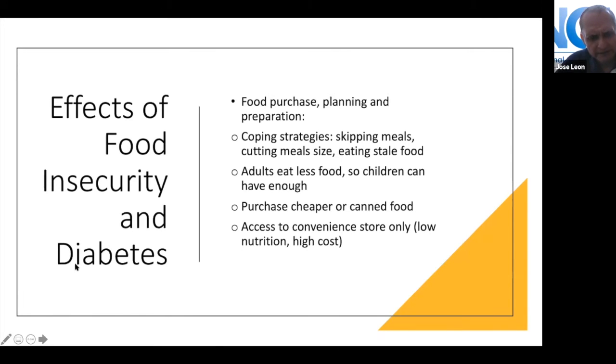So there are different effects of food insecurity and diabetes. One is food purchase, planning and preparation. When patients are food insecure, they skip meals, they cut meal sizes, and they eat stale food. In addition, adults eat less food so children can have enough. They purchase cheaper canned food and have access to convenience stores only. And what does it mean?